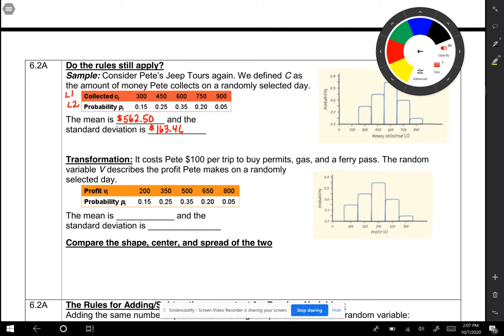Here's another transformation. It costs Pete $100 per trip to buy permits, gas, and a ferry pass. The random variable V will describe the profit Pete makes on a randomly selected day. The profit is in the top row, and all I did was deduct $100 from the amount collected.